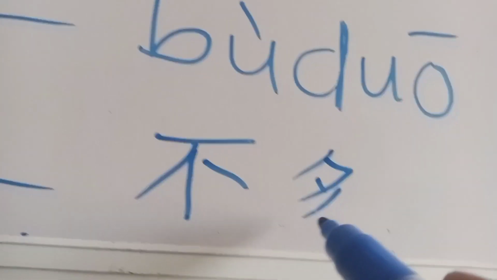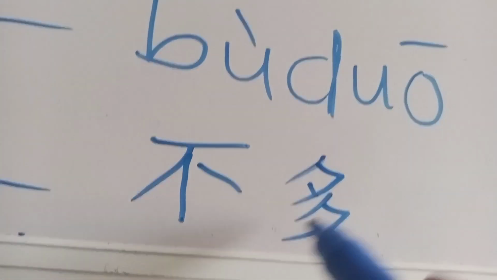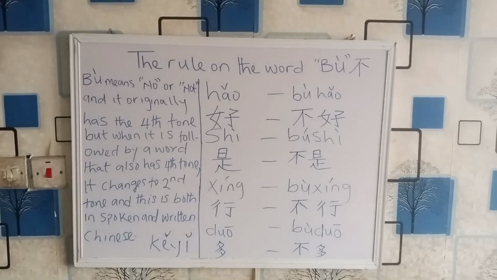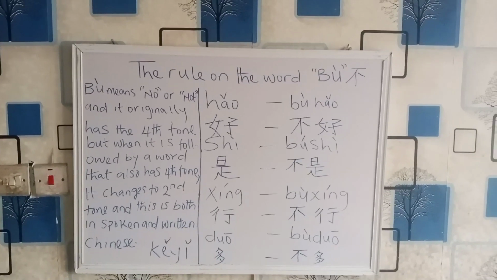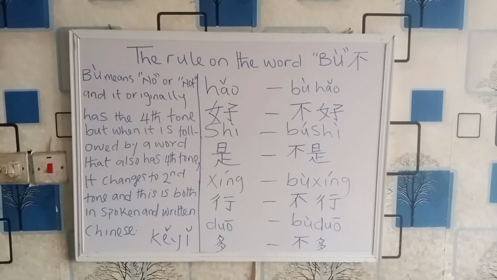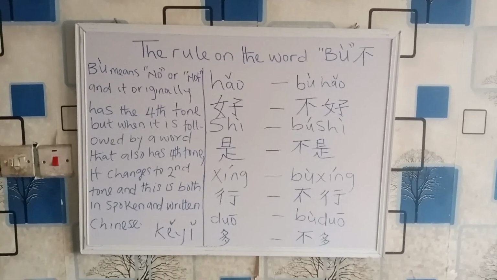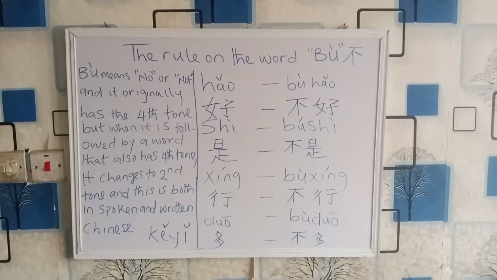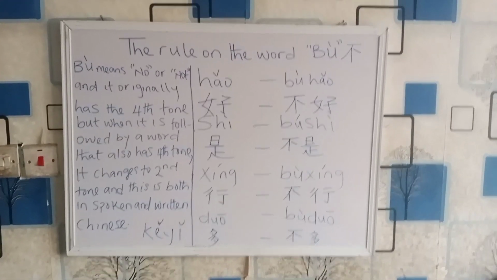You write this again here. Those are the characters. Hǎo, bù hǎo, shì, bú shì, not bù shì. And I am sure you know why by now. Then, xíng, bù xíng, duō, bù duō.